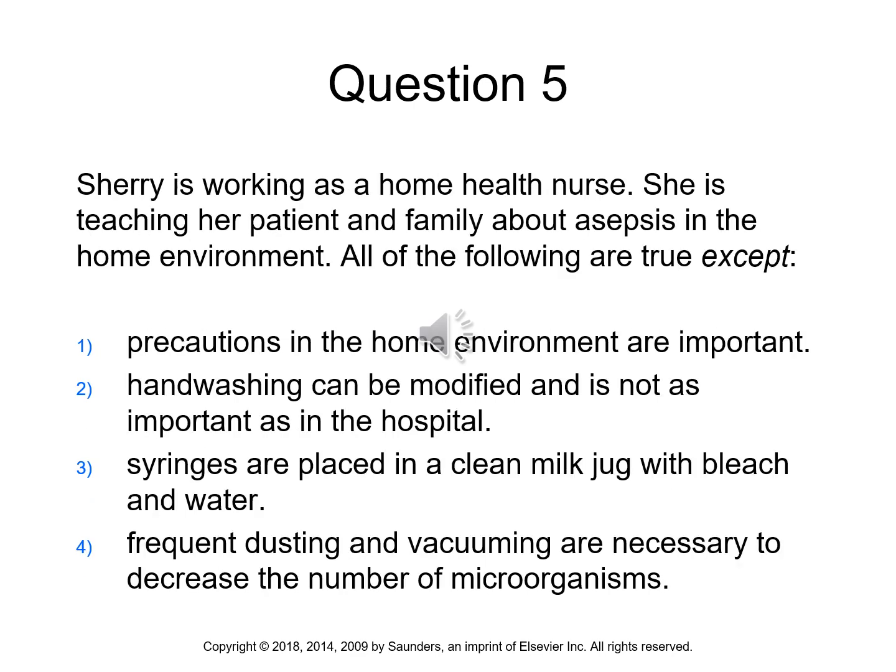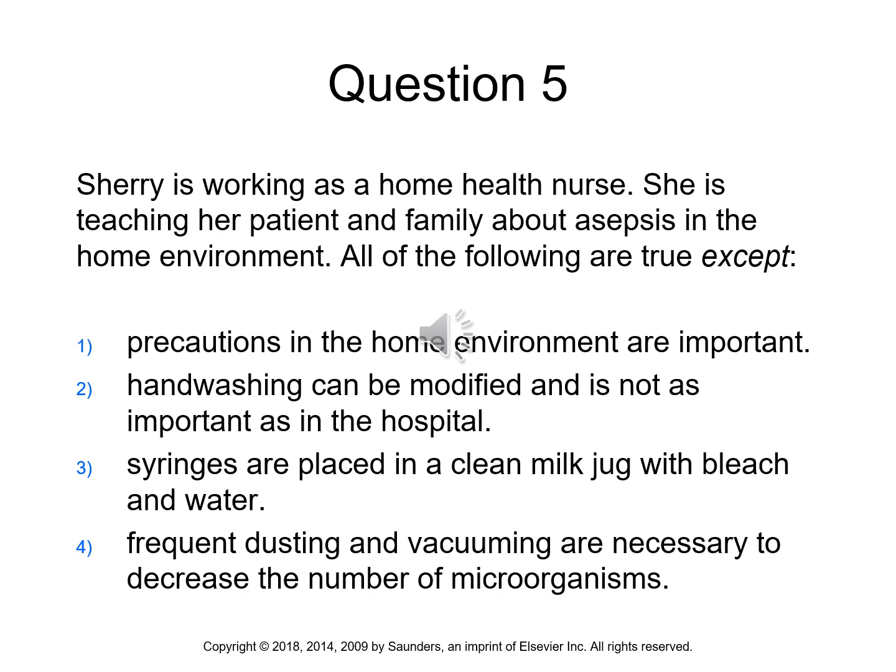Sherry is working as a home health nurse. She is teaching her patient and family about asepsis in the home environment. All of the following are true except: 1. Precautions in the home environment are important. 2. Hand washing can be modified and is not as important as in the hospital. 3.